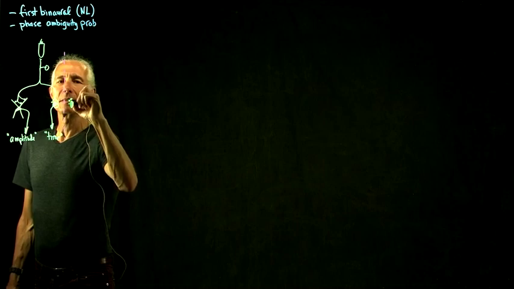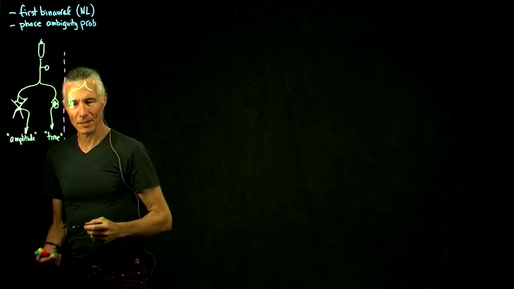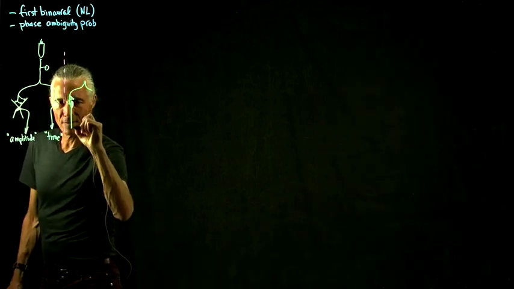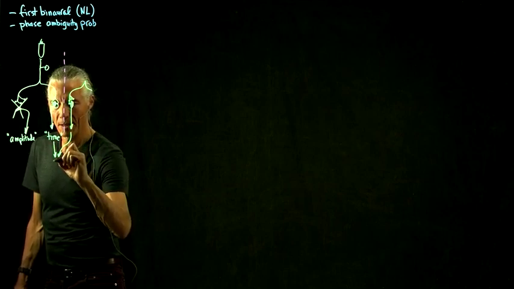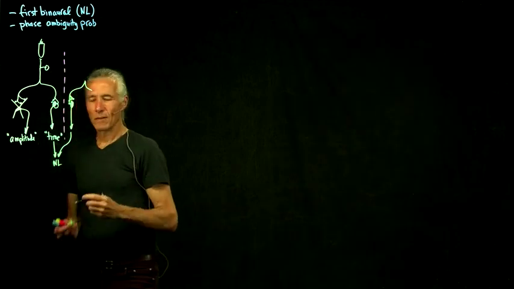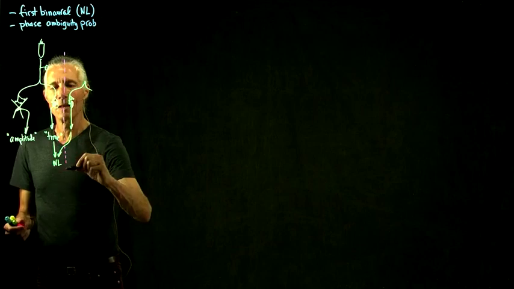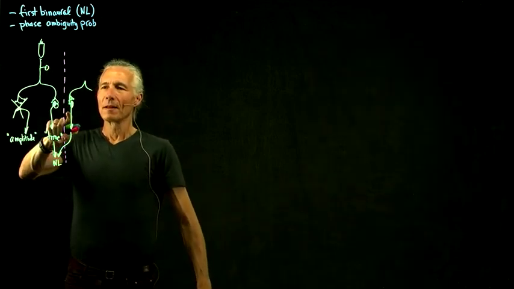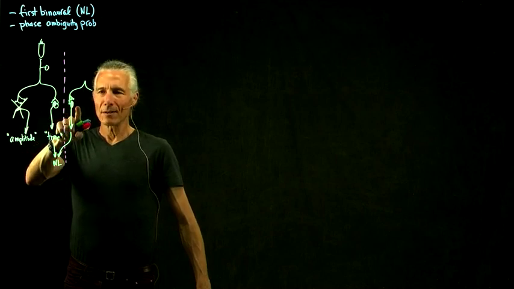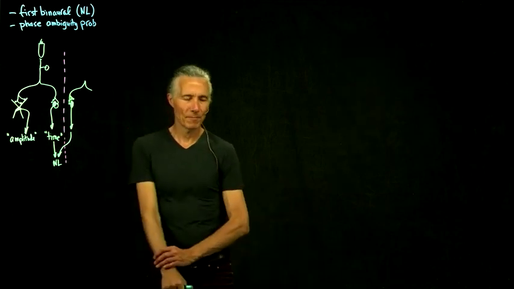Here's the nucleus magnocellularis on the other side, little potatoes on the other side, and bringing that time information together. So the left nucleus laminaris is getting input from the right magnocellularis and the left magnocellularis at the same time in order to do this comparison.